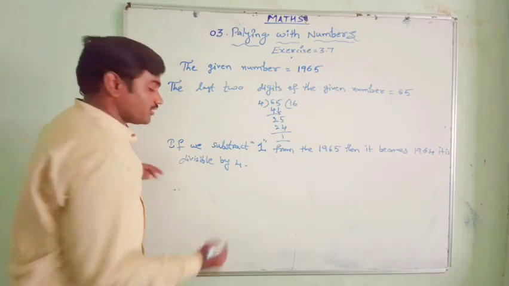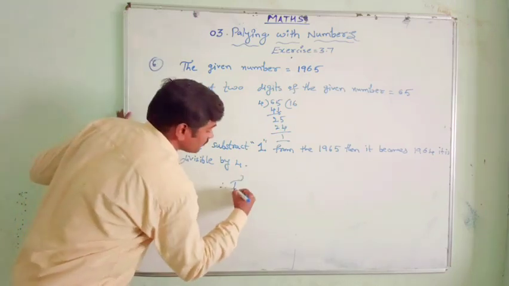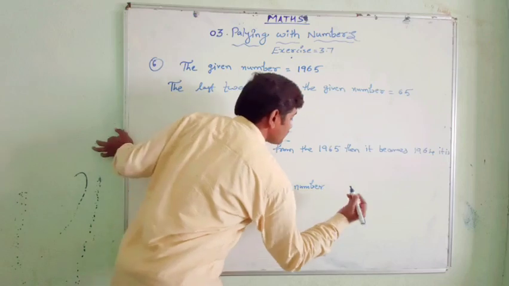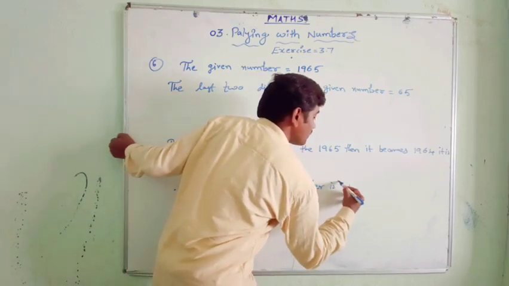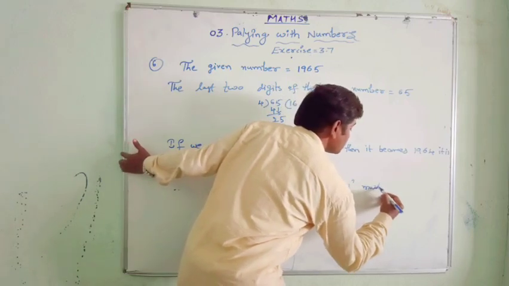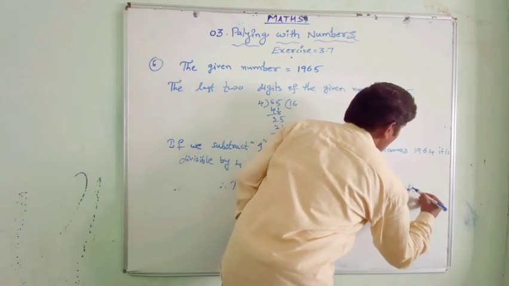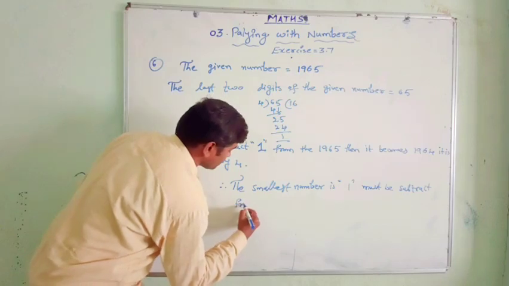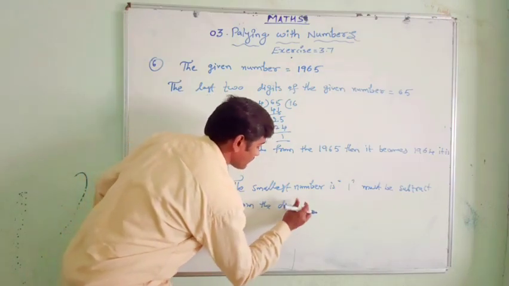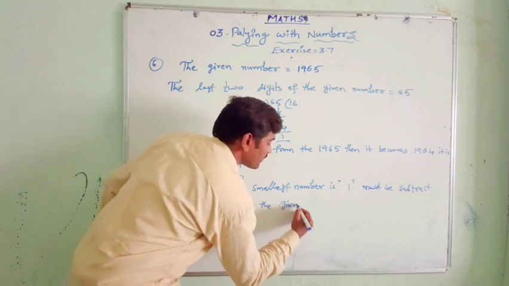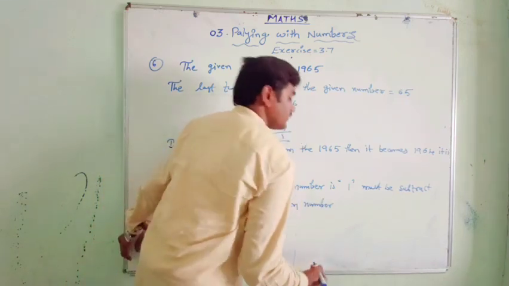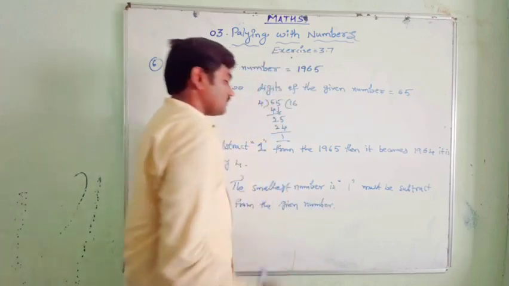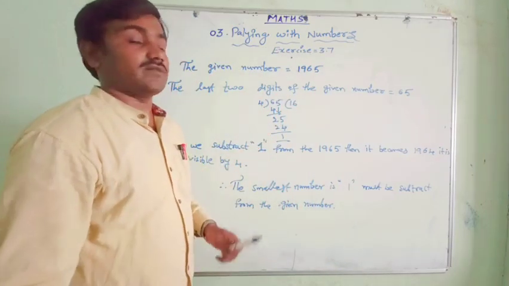Therefore, the smallest number that must be subtracted from the given number is 1, so that it becomes exactly divisible by 4.